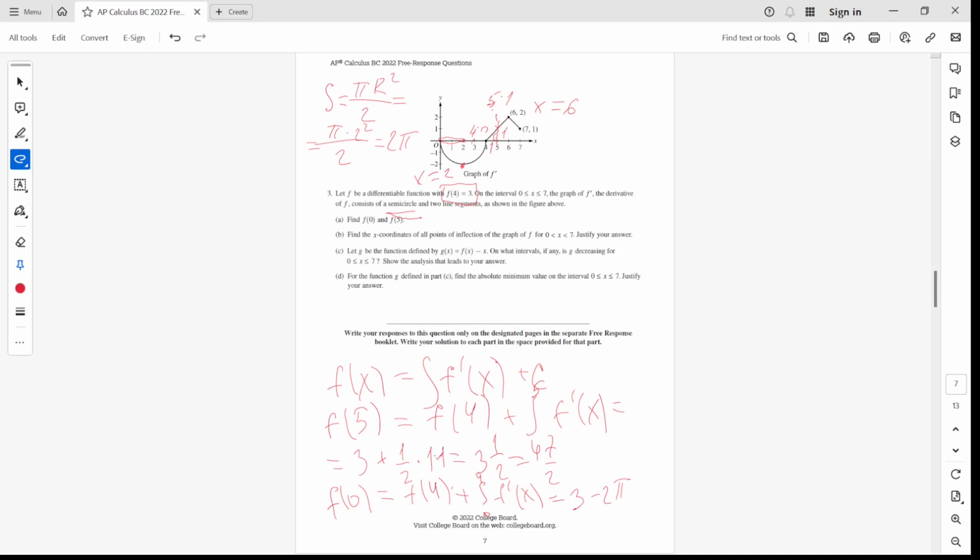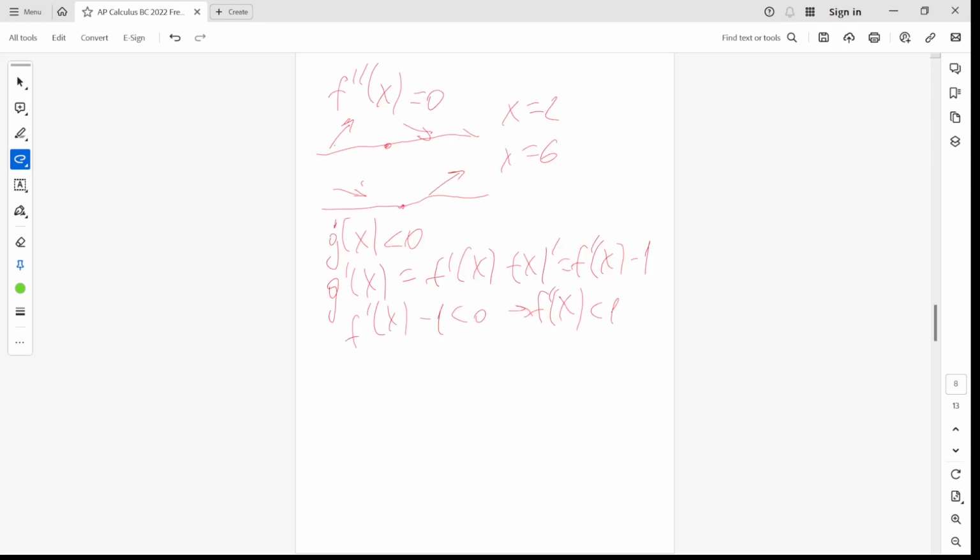And we can look at our graph. Let's use a different color. And the derivative is greater than 1 only in this area, x from 5 to 7, and for the other part it is less than 1.